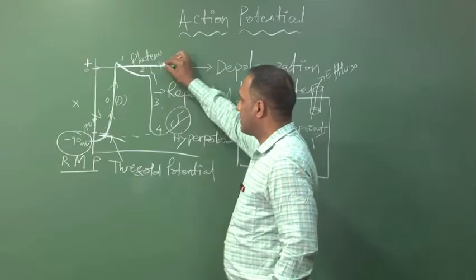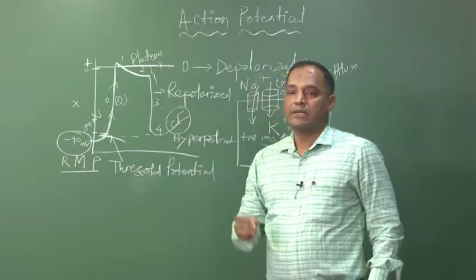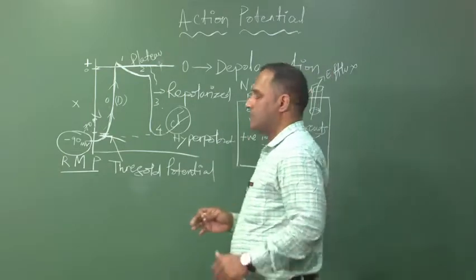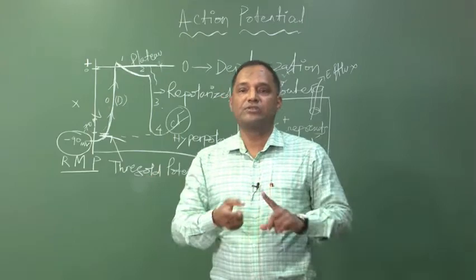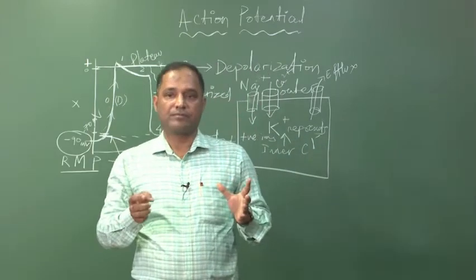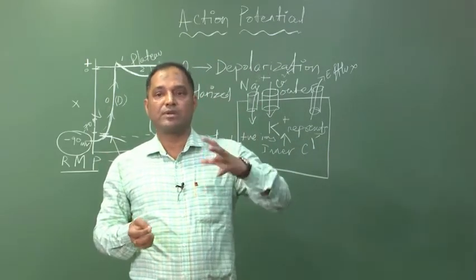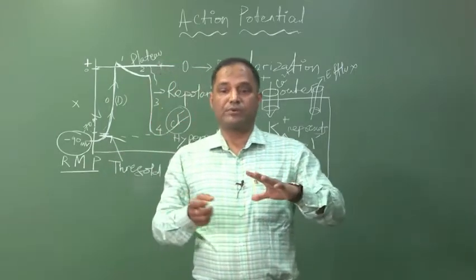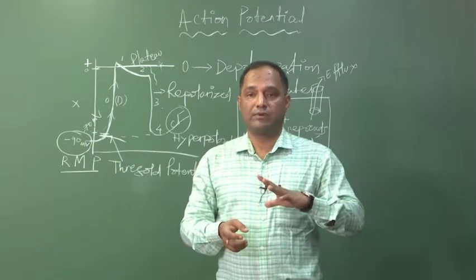After the plateau, calcium has a role in traveling inside the cell, because the cell has a tendency to cope up and make the irregular things regular.